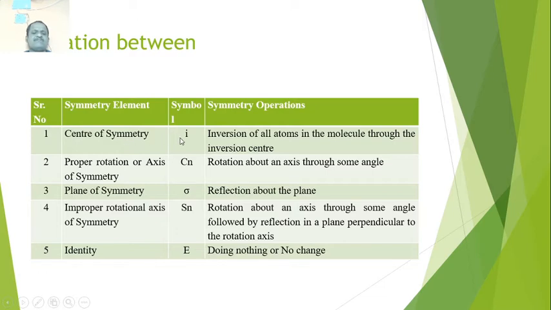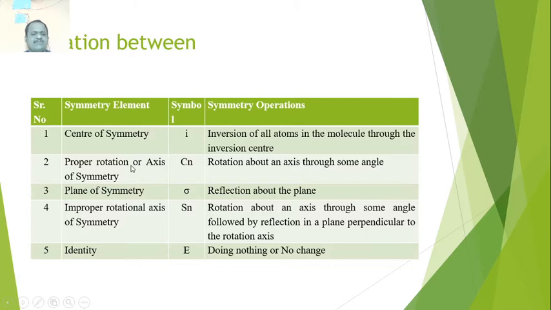For center of symmetry, that is inversion, a molecule which possesses a center of symmetry has an inversion of all atoms in the molecule through the inversion center, right? We'll discuss each and every symmetry element in detail one by one. It is just a brief highlight of how they are related to one another.